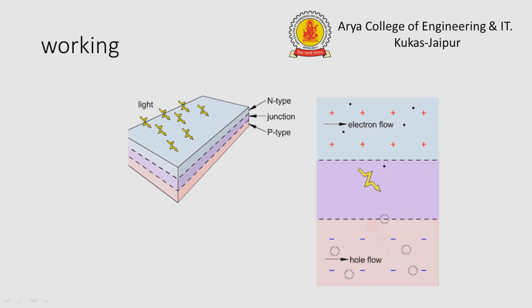This electron goes to the conduction band, and then further goes into the conductor and causes electricity or current. Due to the movement of this electron, a hole is created, which will further move towards the lower band, and it will be filled by the electron which comes through the conductor. So this is the working of solar cell.